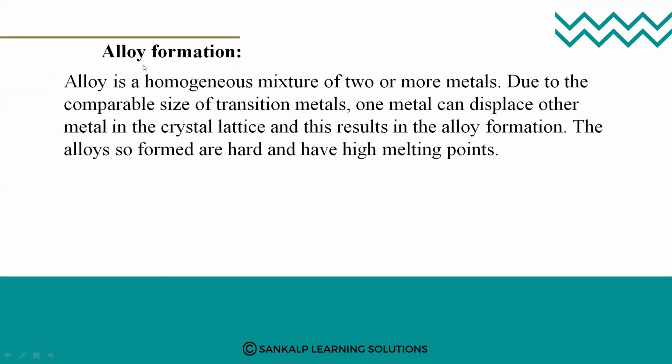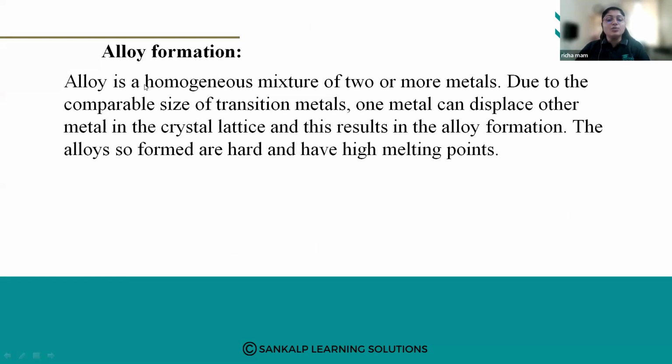Then the last property of transition metals is alloy formation. Alloys are homogeneous solid solutions in which atoms of one metal are distributed randomly among the atoms of another. What do you mean by alloy?